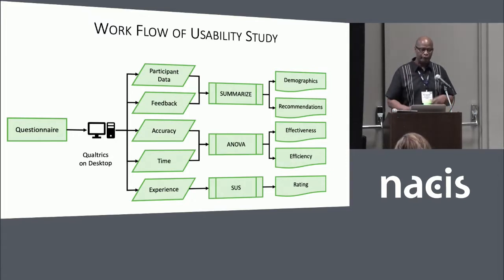As well, they performed some tasks, and we pulled out of that their accuracy and their time and put it through some two-way analysis of variance and came up with our effectiveness and efficiency.